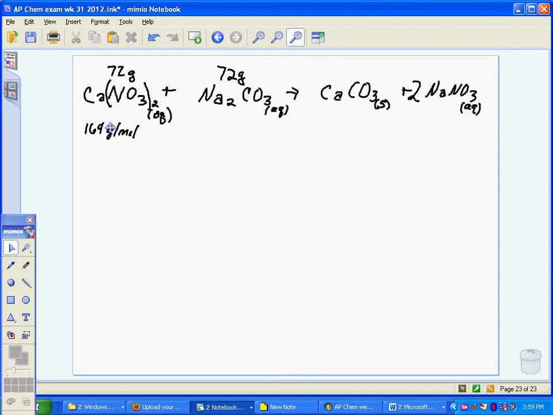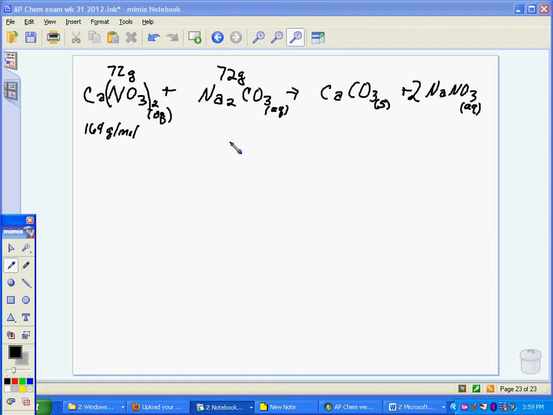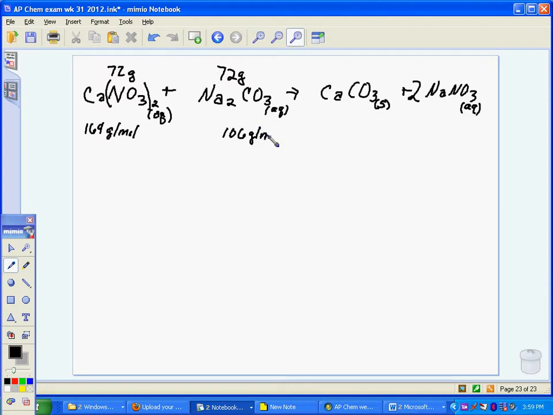Remember, I'm doing rounding here because we're just not going to be worried about the significant figures with this problem. Sodium carbonate, 106 grams per mole. Calcium carbonate, 100 grams per mole. And then sodium nitrate, 85 grams per mole.